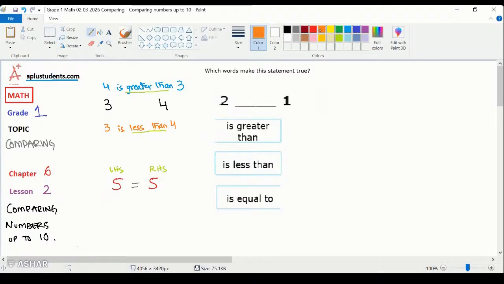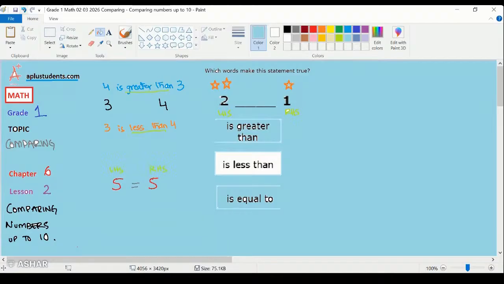We know that if this number was 2, let's suppose we have two stars on this side. We're just looking at the quantity. Which side has more? This is the left hand side and this is the right hand side.